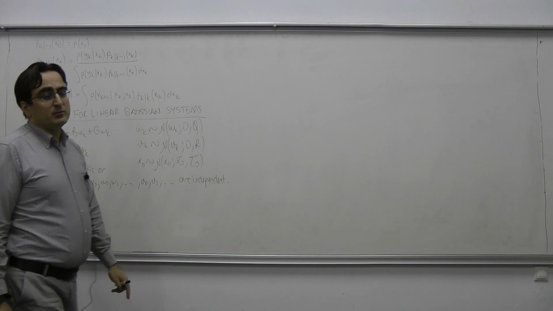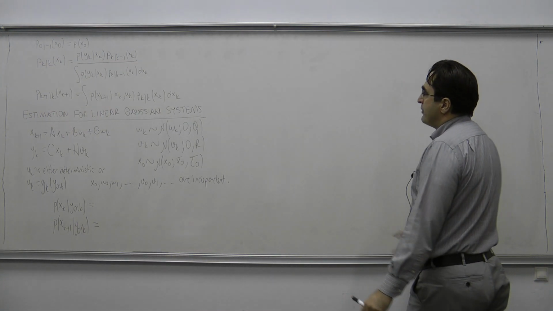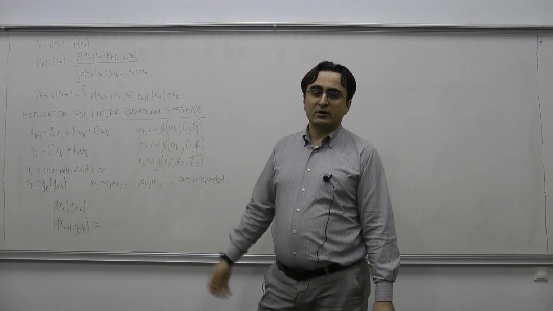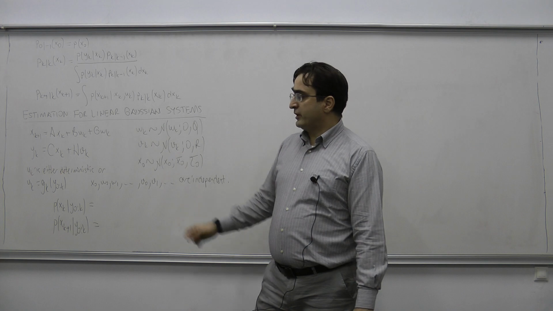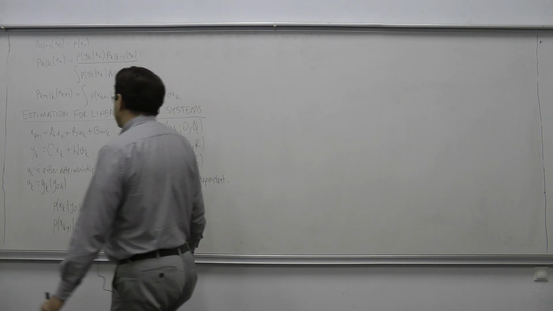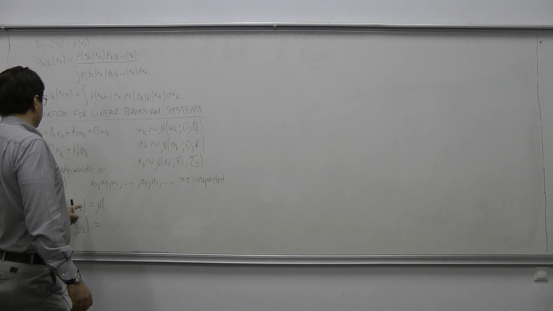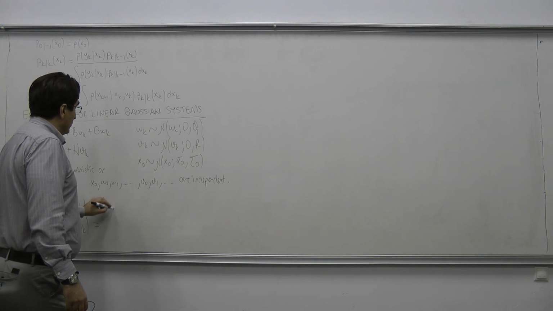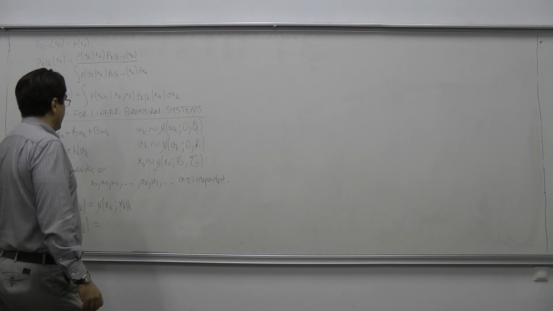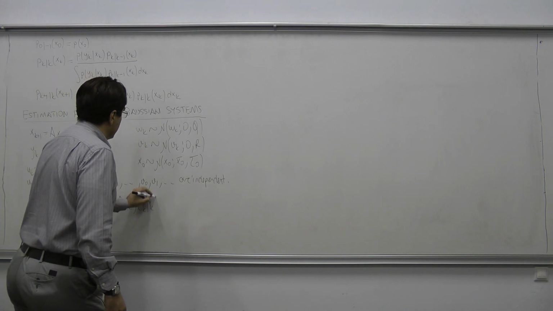And since the system is linear Gaussian, we know that all variables in this system, they are jointly Gaussian, okay? So these posterior distributions are also Gaussian distributions. So I know that this p of xk given y 0 to k is a Gaussian distribution, which means I'm going to call its mean xk given k hat, and the covariance sigma k given k.